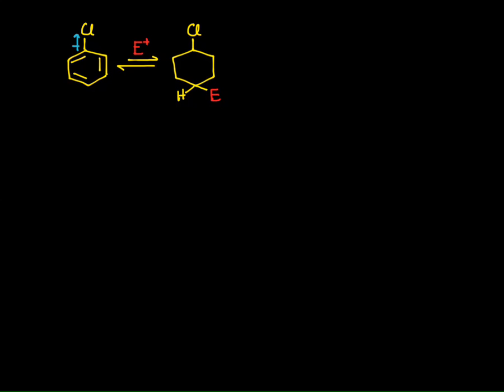Well, again, inductively, the halogen withdraws electron density, and it does it very, very well. And so we get, again, a partial positive charge on the carbon and a partial negative charge on the halogen. And that translates into, as the electrophile is adding, creating a partial positive charge on the ring.